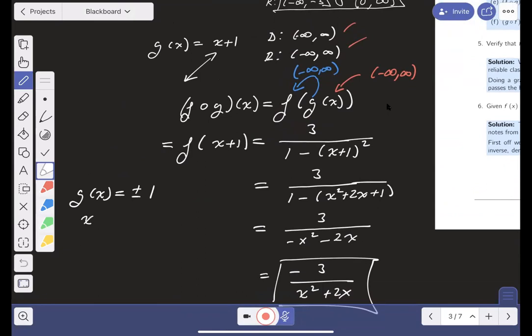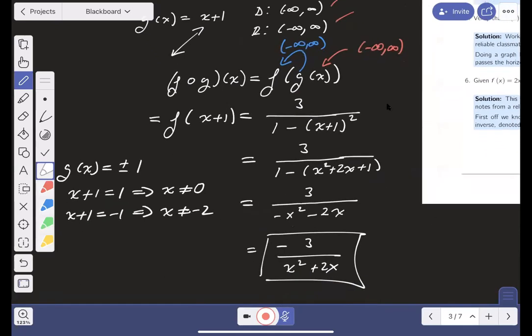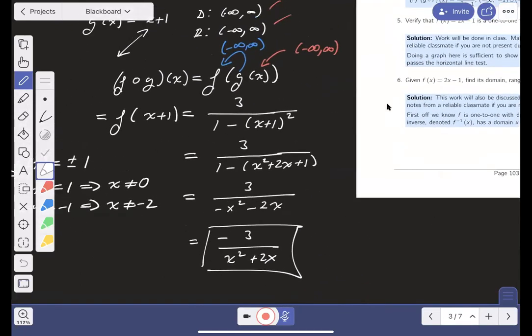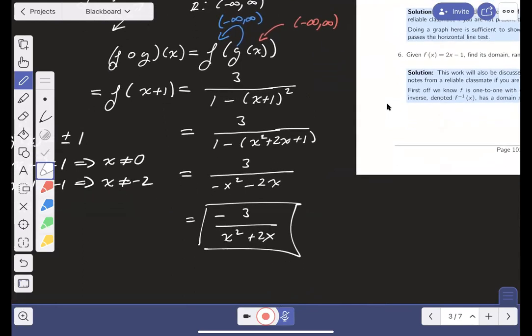So I just said X plus 1 equals 1. Well, that's easy. I'm going to say X can't be 0. And why is that? If X were 0, it would feed back a 1 to F, and F can't have that. And X plus 1 can't be minus 1. When would that occur? When X is minus 2. So I'm going to say the domain of this guy over here is, and again, looking back, all the real numbers are coming in, but I have to exclude 2 numbers now.